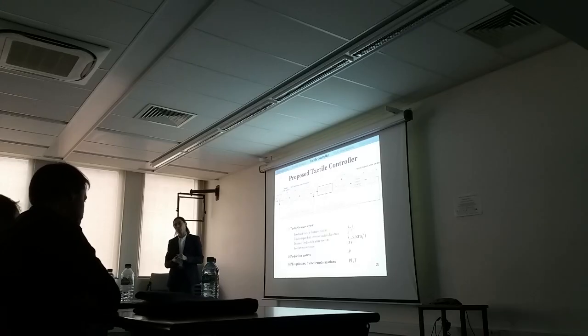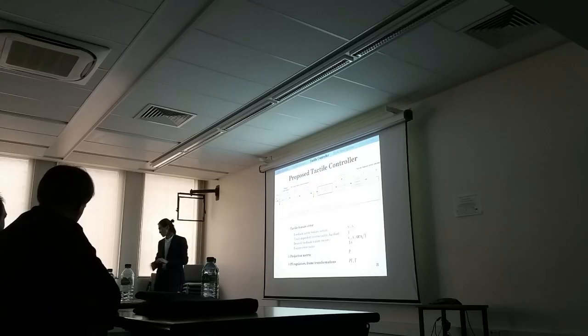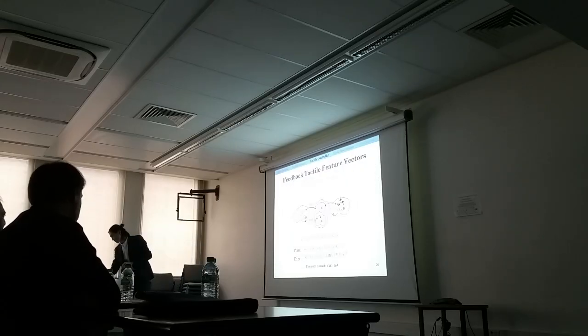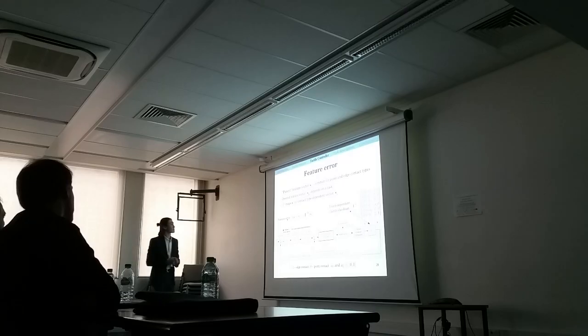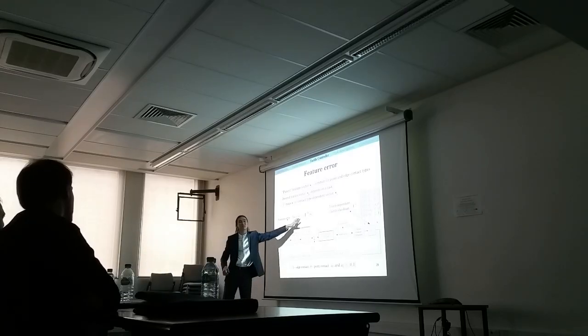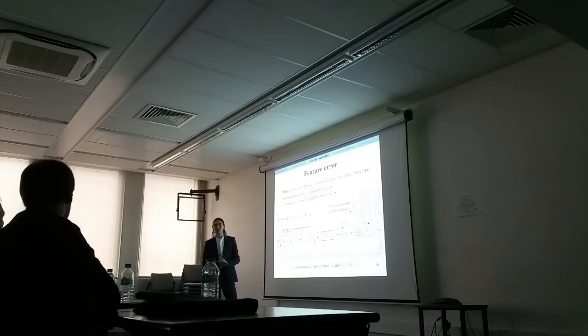Okay. I have a question also on this slide. It's about your feature error vector. This is a difference between the two vectors, yes. But one is directly the desired vector given by the task, which we know in advance. The fourth, fifth and sixth coefficients are directly linked to rotation.